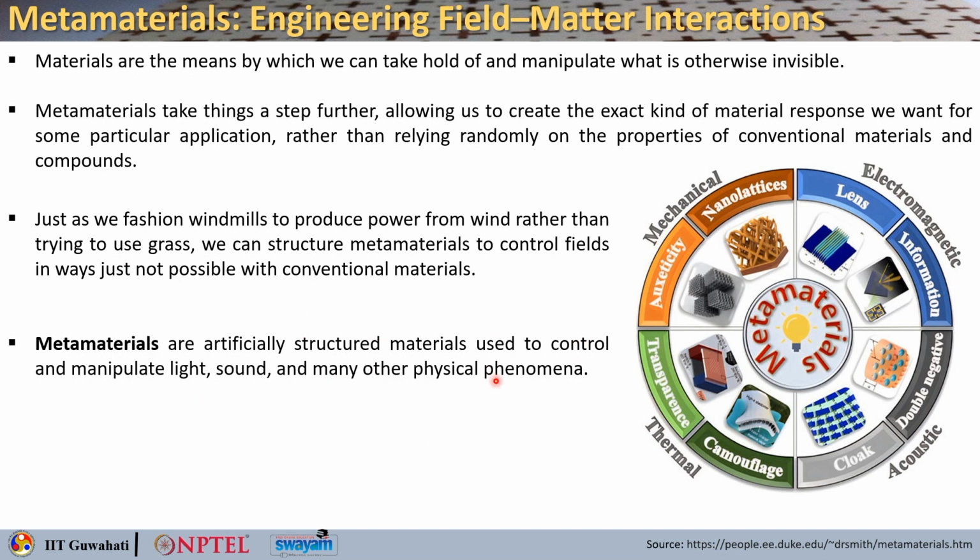Metamaterials, in short, are artificially structured materials that can be used to control and manipulate light, sound and other physical phenomena. When I consider light and sound, I am also talking about microwaves and any other electromagnetic radiation. All electromagnetic and acoustic fields can be manipulated using metamaterials.